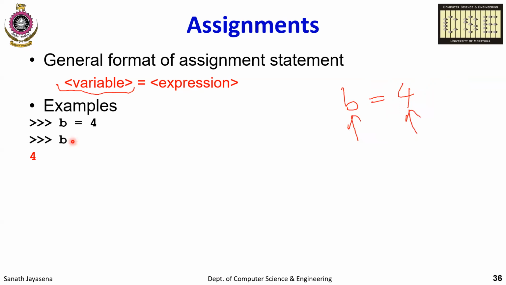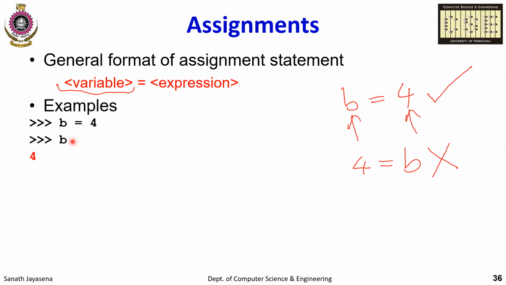So this is the correct way. You can't say 4 equals B in Python or any other programming language for that matter. Usually for assignment, this cannot be done. It's wrong. If you try doing it, you will see what kind of error message you get.